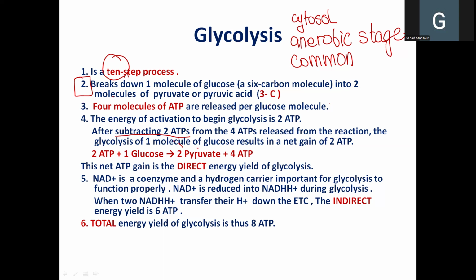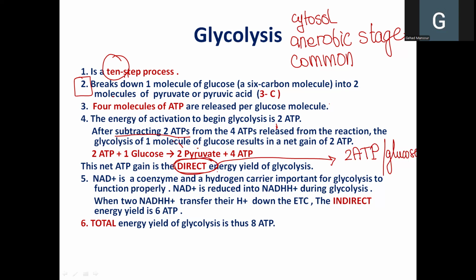And this is called the direct energy yield of glycolysis. So what is the direct energy yield of glycolysis? It is the net ATP molecule number that we have obtained per glucose molecule, 2 ATP per glucose molecule.